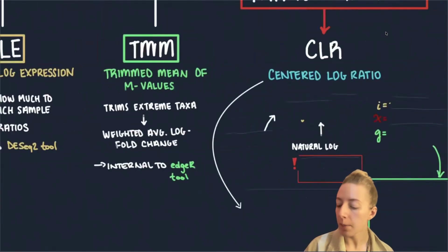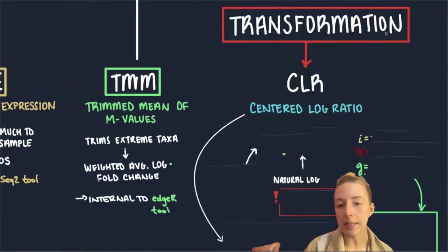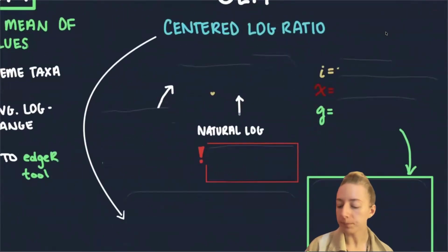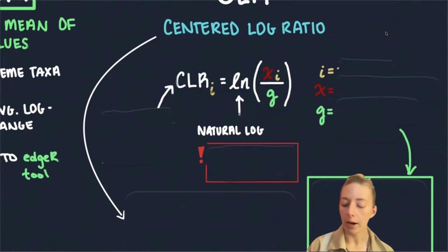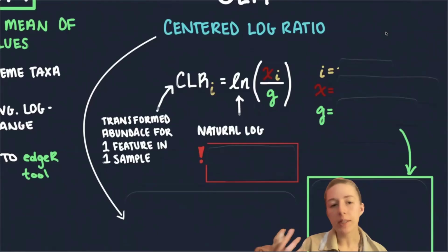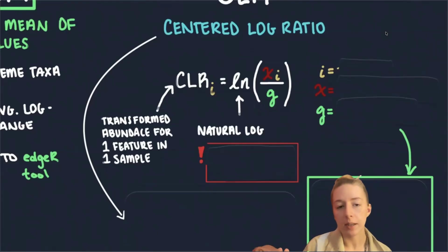That's also widely used. But I want to focus our attention on the CLR transformation, the centered log ratio. This centered log ratio has this formula right here, where CLR with subscript i represents the transformed abundance for one feature in one sample.